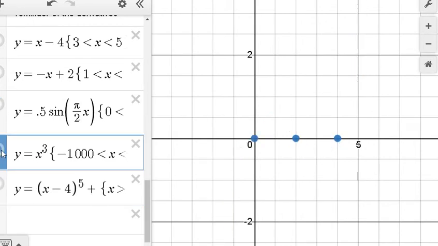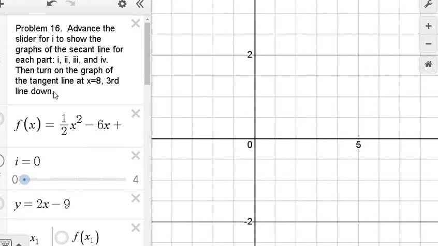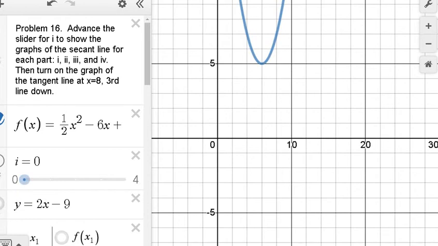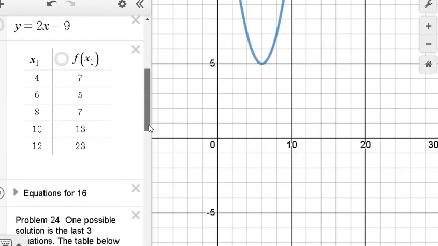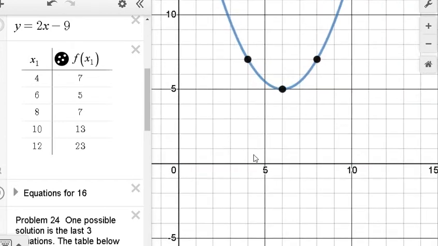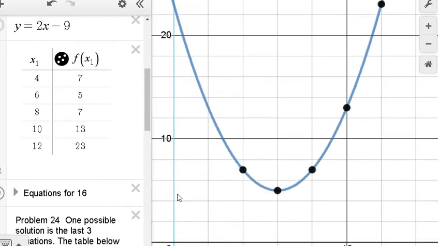Shut these off, and these off. There we go. Let's turn on this graph and these points.